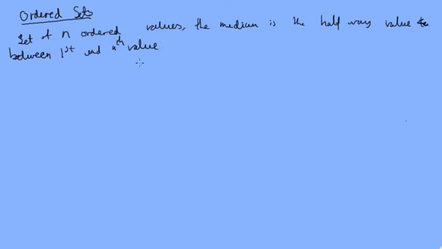So therefore, the median is worked out by taking the n values, add 1, and then divide by 2. So it's the n plus 1 divided by 2th value that is the median.